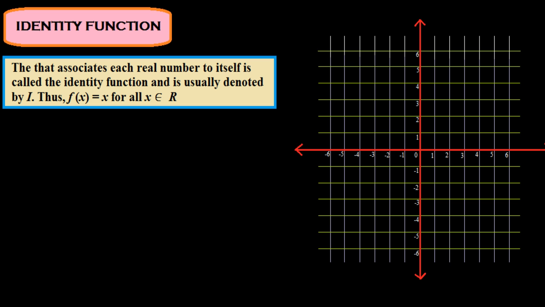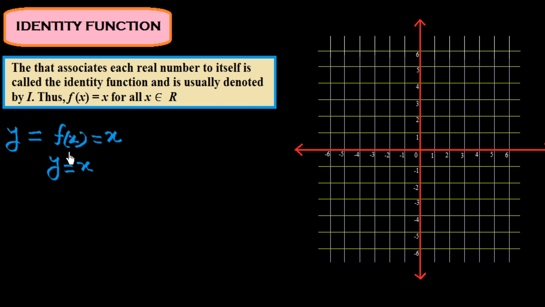So I would like to explain: f of x is equal to x, and you know that it is equal to y. So y is equal to x. We draw some graph. I change the color first.